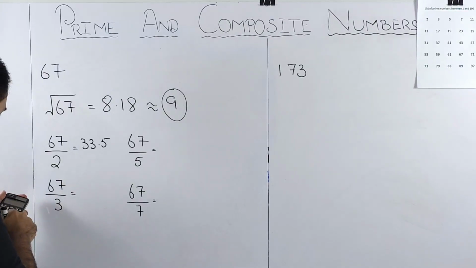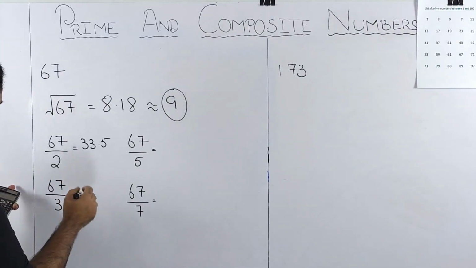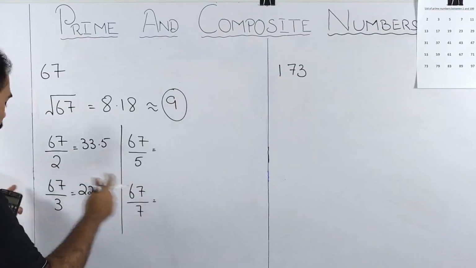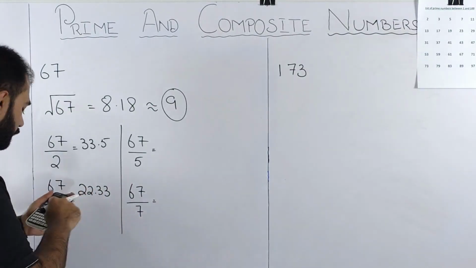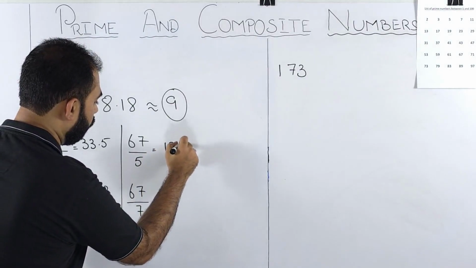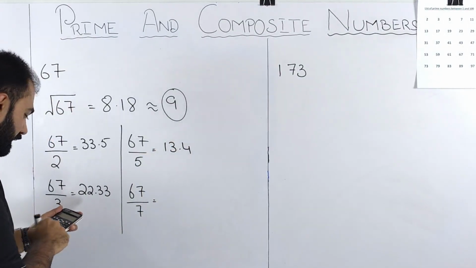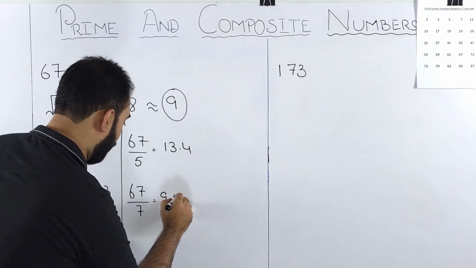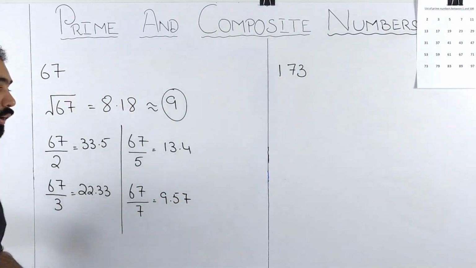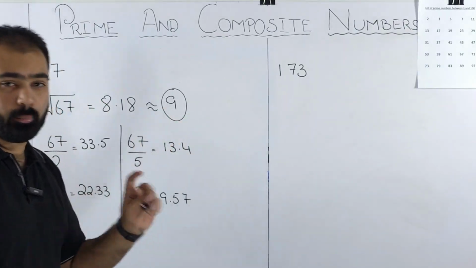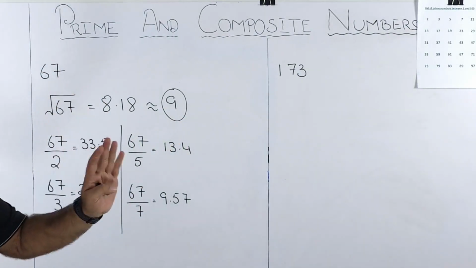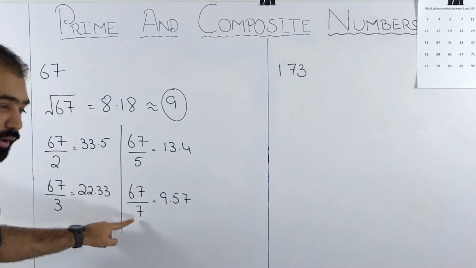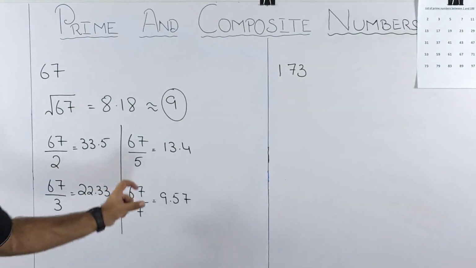If I divide 67 by 3, I get 22.33. If I divide 67 by 5, I get 13.4. And if I divide 67 by 7, I get 9.57. Between 2 to 9, all the prime numbers, that are 2, 3, 5 and 7, I have to divide this number by all of them.